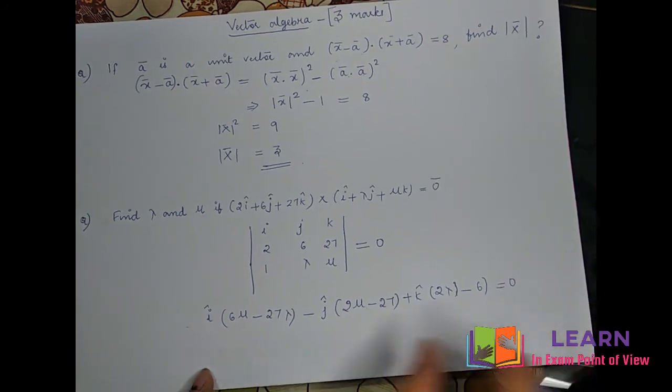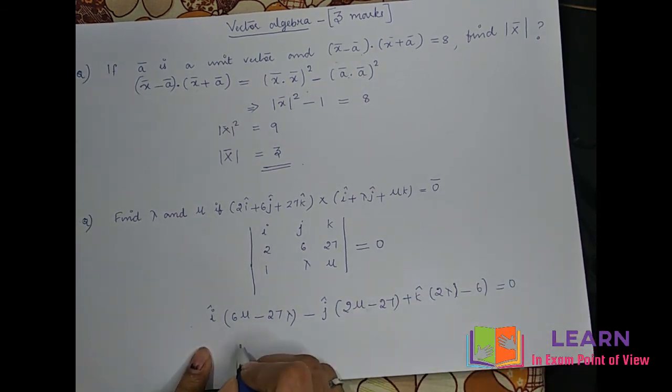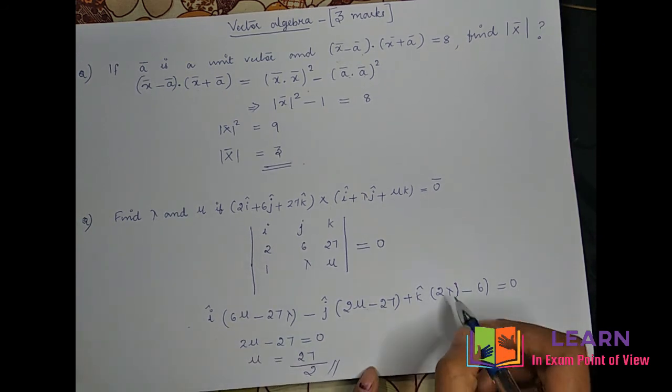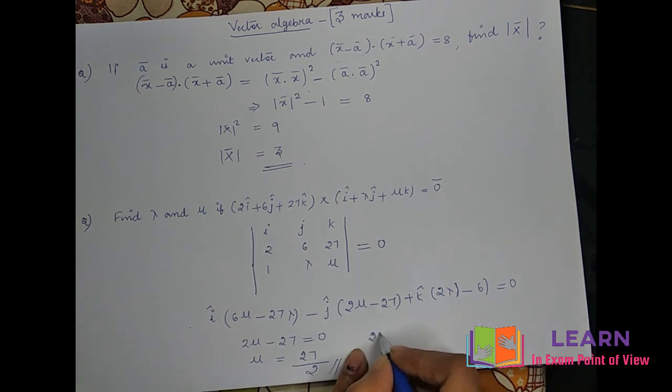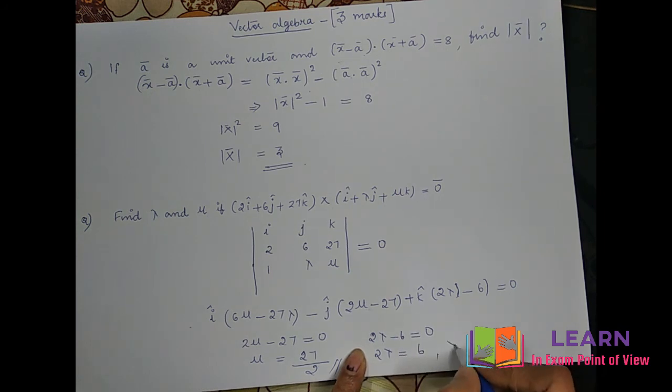Here any term you can equate to 0, since everything is equal to 0. That is 2 mu minus 27 equal to 0. You will get mu as 27 by 2. Lambda you can solve: 2 lambda minus 6 is equal to 0, so 2 lambda is 6, and lambda is 6 by 2, that is 3.